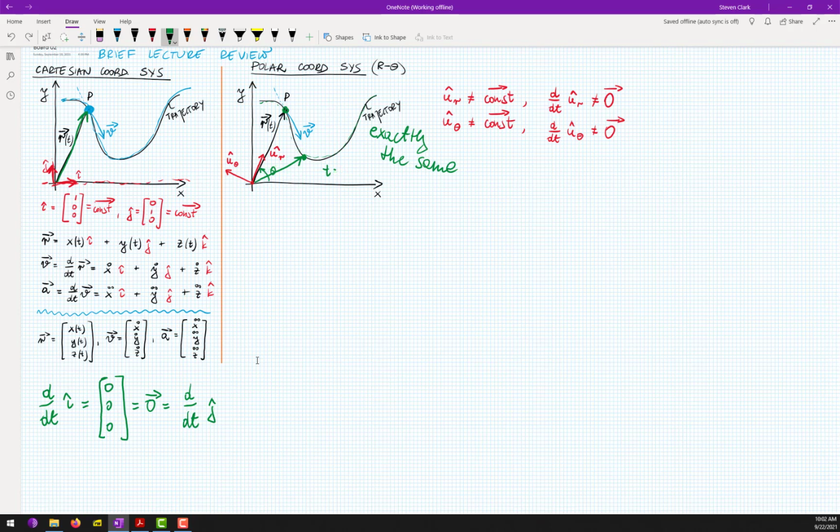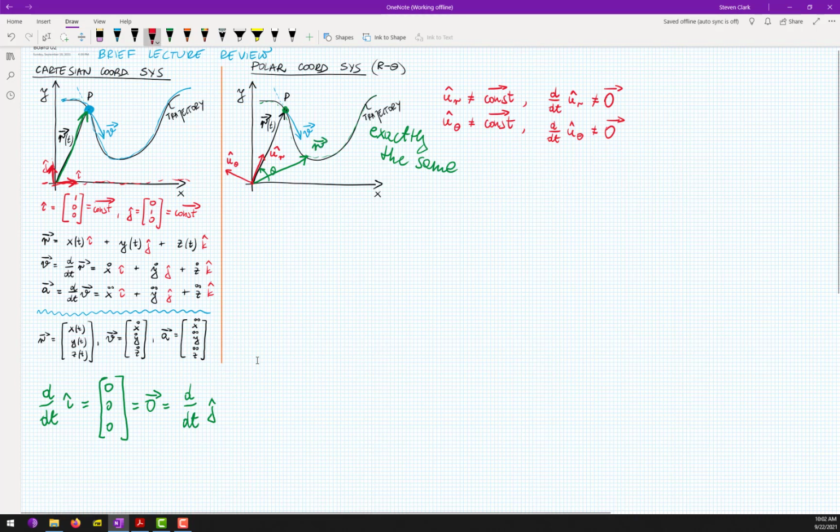Now we would like to express the same motion. I'm going to stress it one more time: the same motion, just in a different way. We're going to use our ur and u theta, and ur is aligned with r. Let me draw it one more time. At time 5 seconds, our r will be here. This is our position vector.